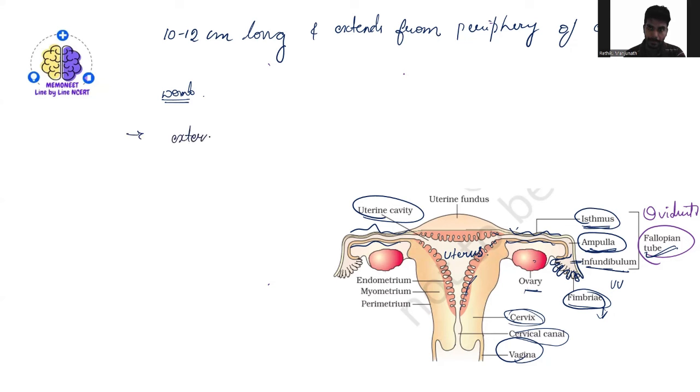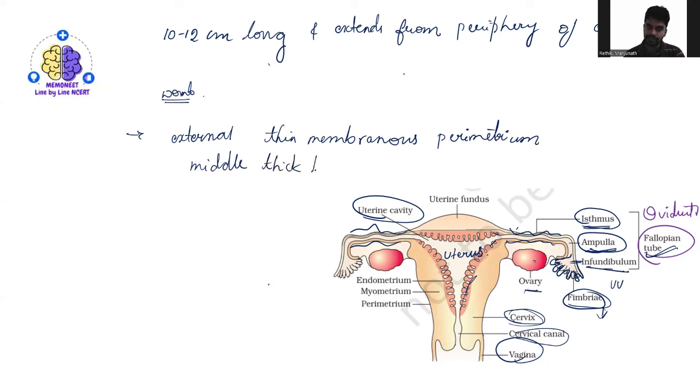The external thin membranous wall is called the perimetrium. In the middle you will see a thick layer of smooth muscles, and that is called the myometrium.